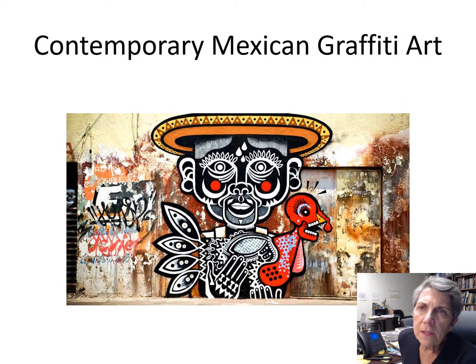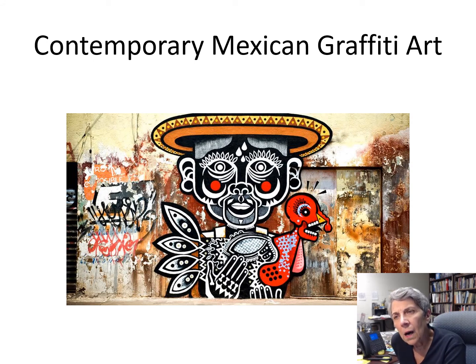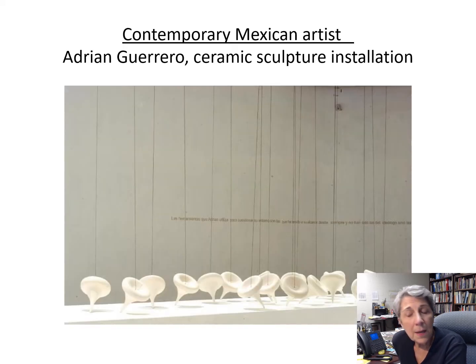Now, this is contemporary Mexican graffiti art, and you can see that's a fun piece. Patterns, patterns. And here's a contemporary sculptor, and I wanted to show you that. This is ceramic, and you can see how, again, a lot of different styles are happening, not just one stereotypic folk art.